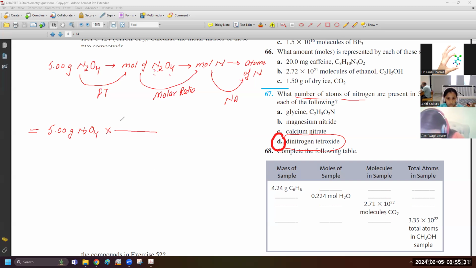1 mole of N2O4 over, Avni is saying 56.02. Is she right? Oh, you have to find the molar mass. What is the next ratio, Avni?